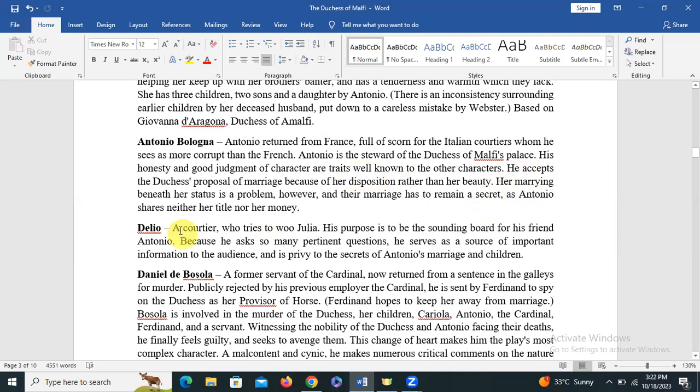Her marrying beneath her status is a problem. However, the marriage has to remain a secret as Antonio shares neither her title nor her money.